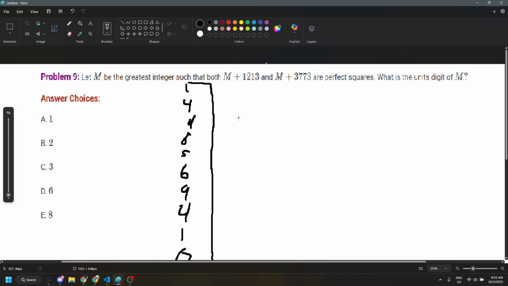Okay, so how do I solve this? Well, there's clearly a bound, because m is the greatest integer.